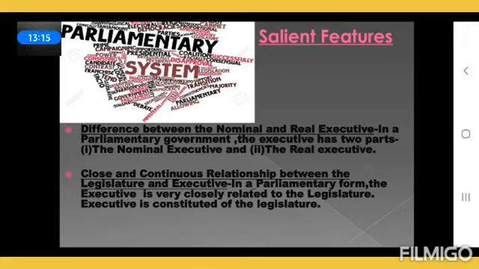So the leader of the majority party in the legislature, students, I've already told you before, when I was explaining the responsible government in the meaning of the parliamentary form of government, that the leader of the majority party in the legislature gets appointed as what? As the prime minister.